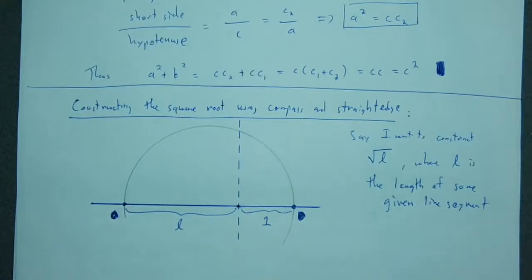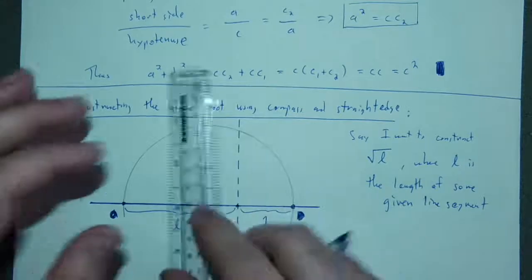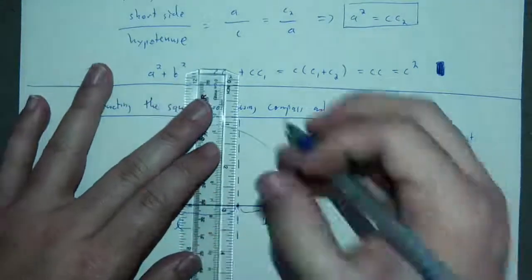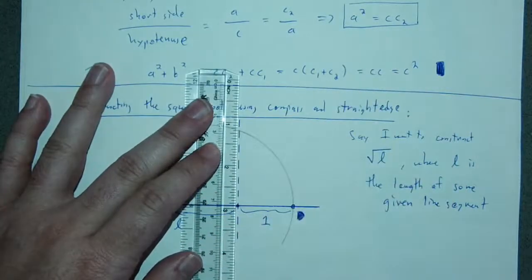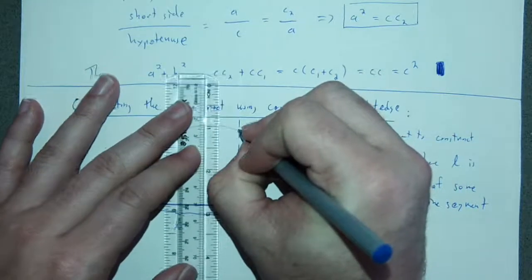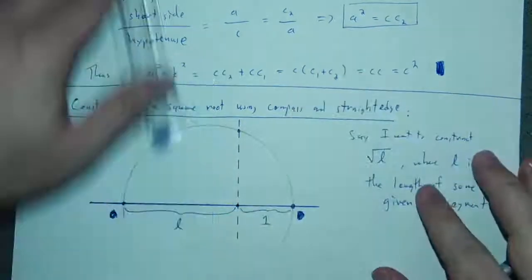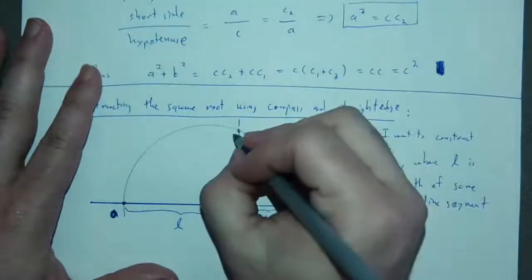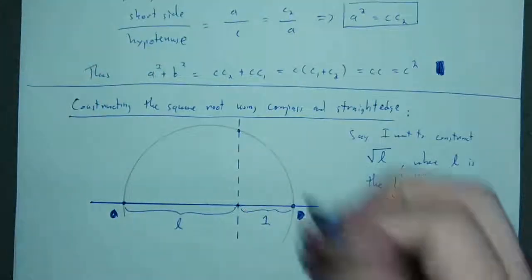Constructing a perpendicular to a given line segment through a point on the line is something you did in your first homework. So doing that, I draw in this line here, and now I get some point here and some line segment. This is the height of a triangle.